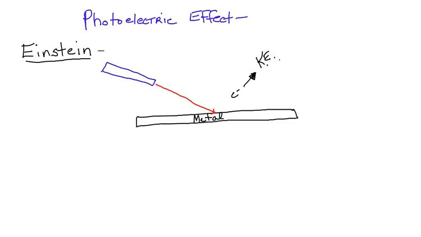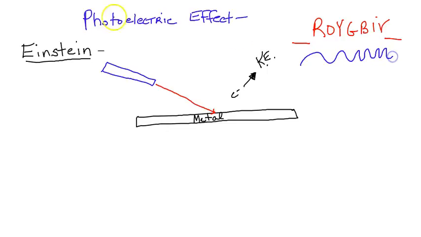The photoelectric effect says that if you shine different types of light with different frequencies, we know from our spectrum of ROYGBIV, here would be the infrared region and this is the ultraviolet, and of course we should know at this point that this is longer wavelengths, and they get shorter as the frequency increases.